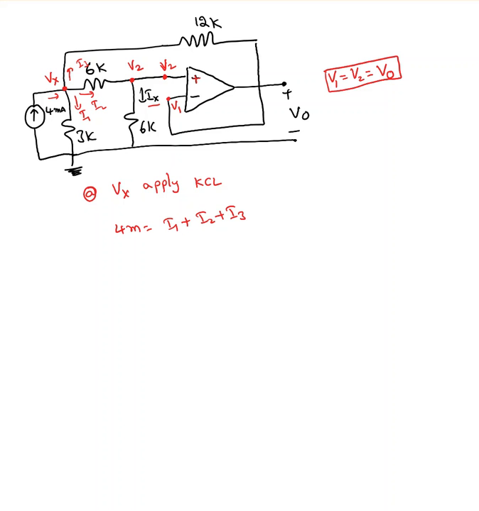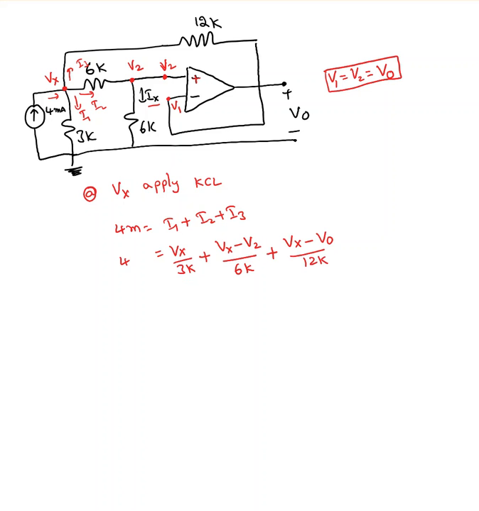Now what is I1? Can I write this as Vx over 3k? I2 as Vx minus V2, can I write V2 as V naught? Let me put this V2 over 6k. I3 equal to Vx minus V naught over 12k.